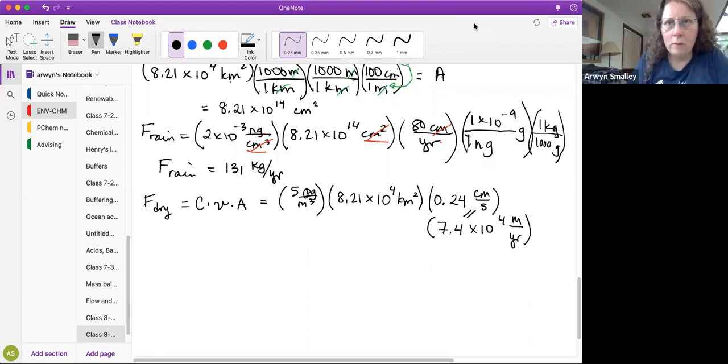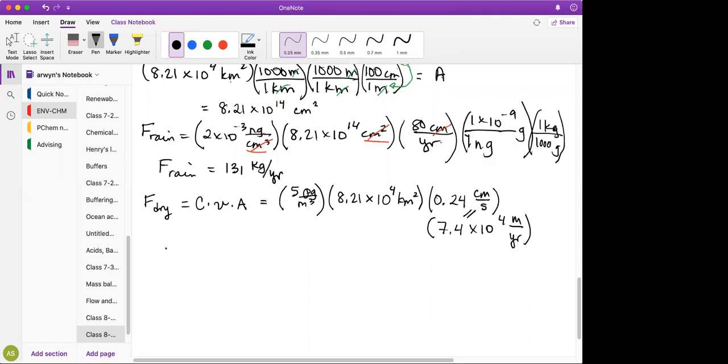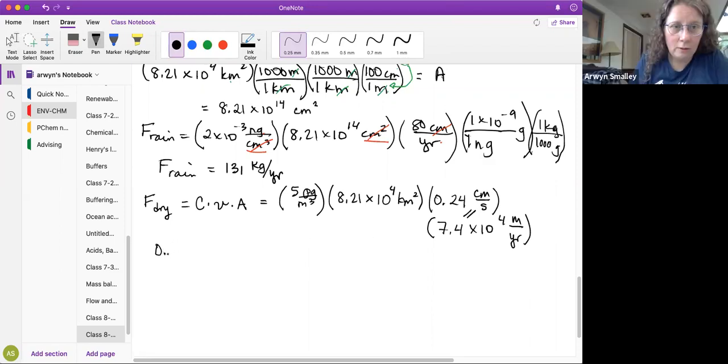Okay. So that's in the video. Yeah, so I can write it out. Okay. So centimeters per second. And we're heading toward meters. So 100 centimeters in 1 meter.